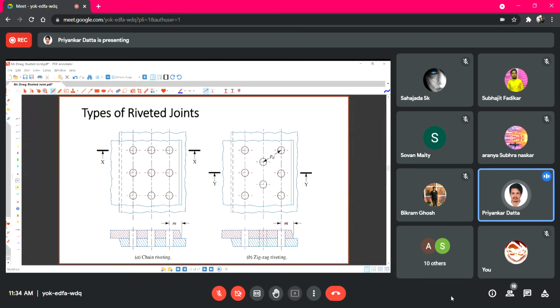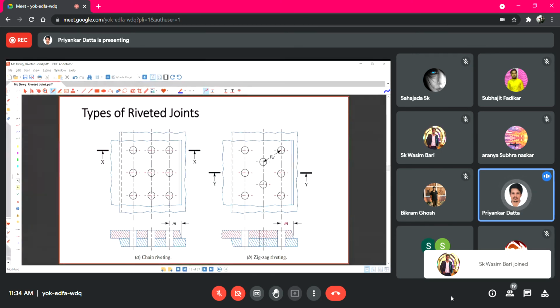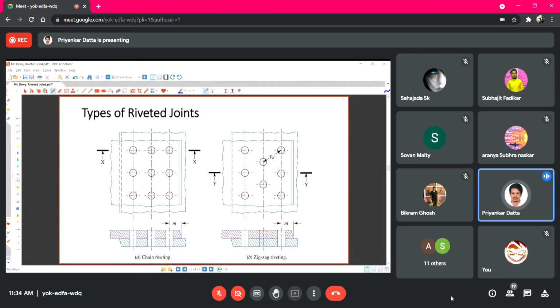So this one is triple riveted lap joint, and for triple riveted again chain joint is possible and zigzag riveting joint is possible. So in all cases, depending on the number of rows and orientation of the rivet or positioning of the rivet, we can specify them or classify them.